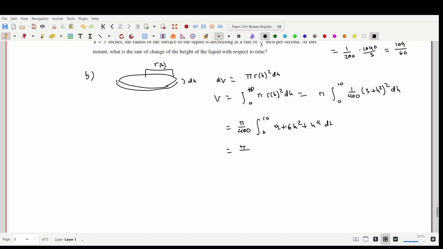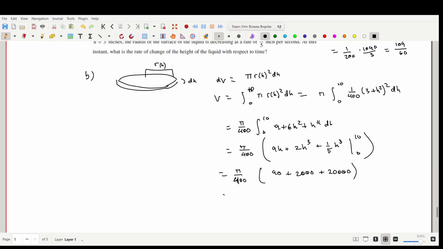Pi over 400 times 9h plus 2h cubed plus 1/5 h to the 5 from 0 to 10, and that's going to be pi over 400 times, luckily plugging in 0 gives you nothing, so 90 plus 2,000 plus 100,000 over 5 is 20,000, I guess.